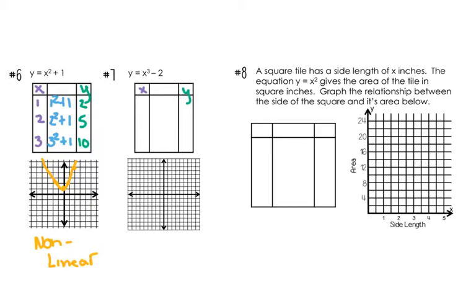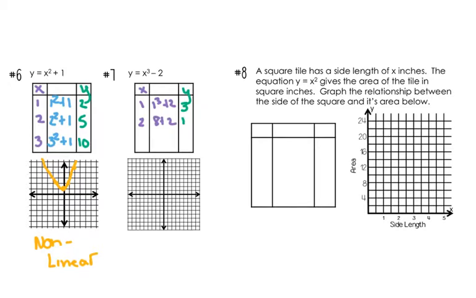So let's take a look at another example. I'm going to do 1 cubed plus 2. So it's going to be 1 plus 2 is 3. You'll notice I always use just small numbers, so it's a little easier. So 2 cubed is 8. 8 plus 2 is 10.